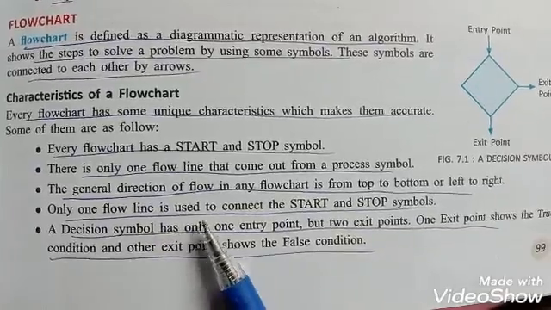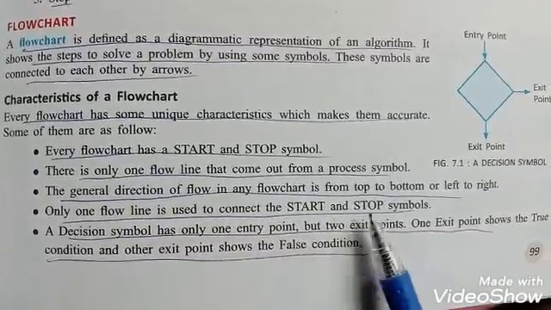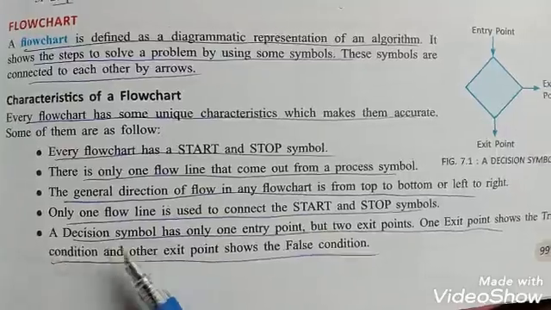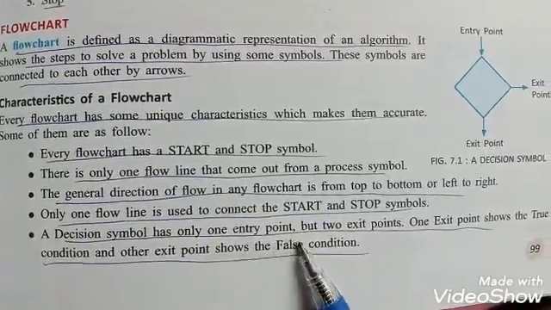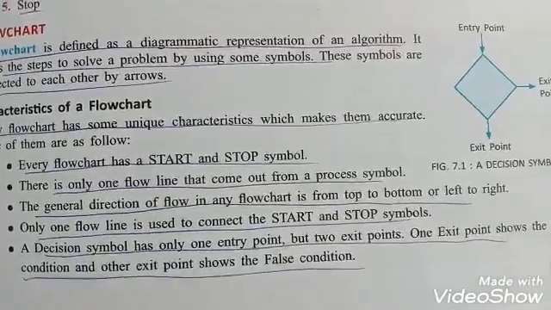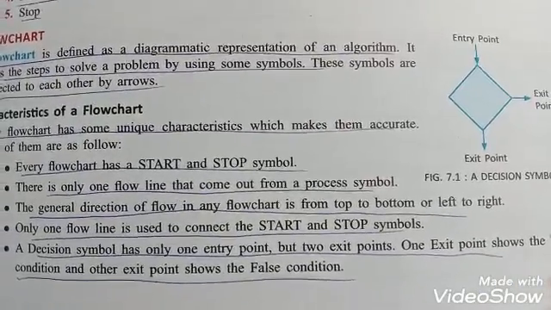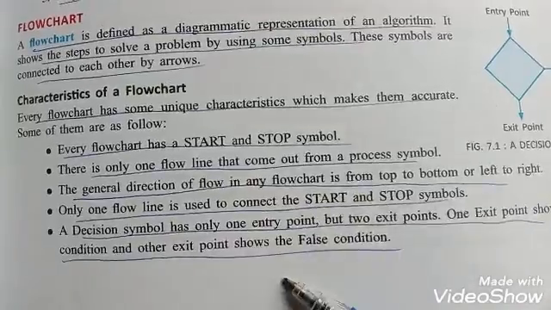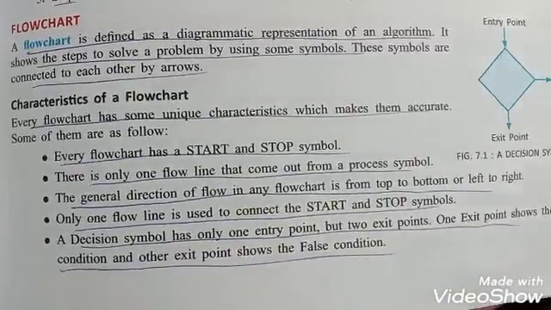Only one flow line is used to connect the start and stop symbols. A decision symbol has only one entry point but two exit points. One exit point shows the true condition and the other exit point shows the false condition.